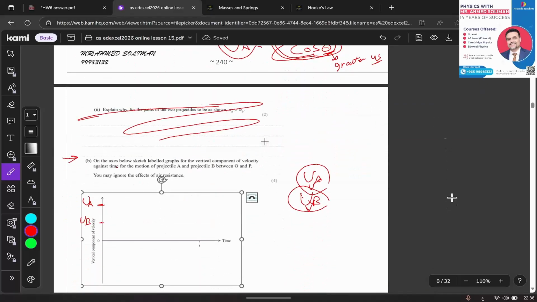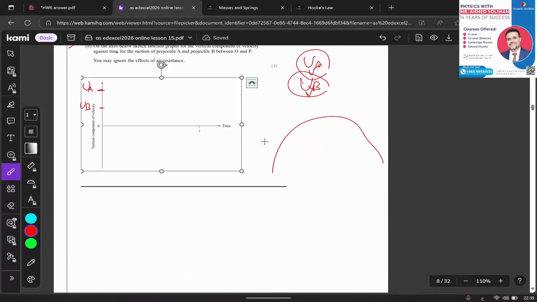Because as we move upward, we start with u horizontal and u vertical. While the projectile is moving, v horizontal is the same. There is no change. But what happened to the vertical? Decrease. Decrease until it becomes what?